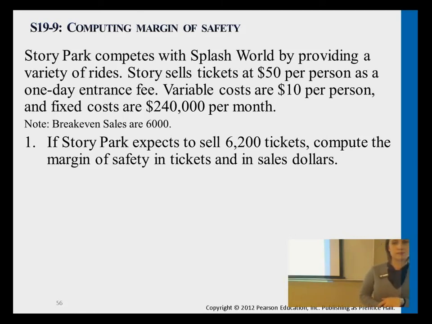Story sells tickets at $50 per person, a one-day entrance fee, variable cost is 10, fixed cost 240, same story. The only thing I wanted to add that was missing here is the break-even sales are 6,000. I'm just going to give it to you. So if Story Park expects to sell 6,200 tickets, we want to compute the margin of safety in tickets and in sales dollars.